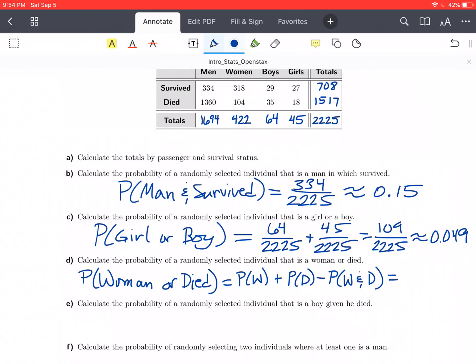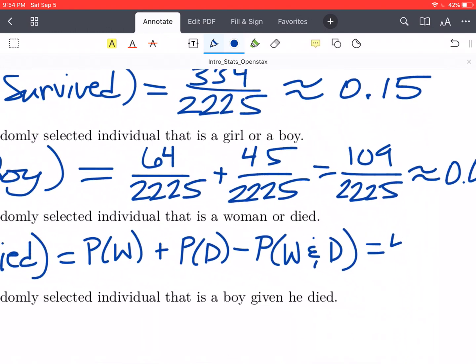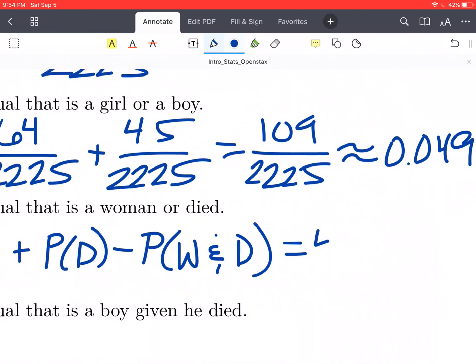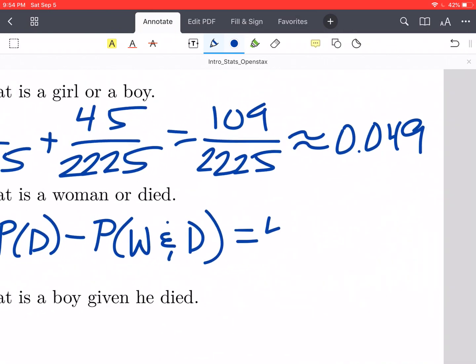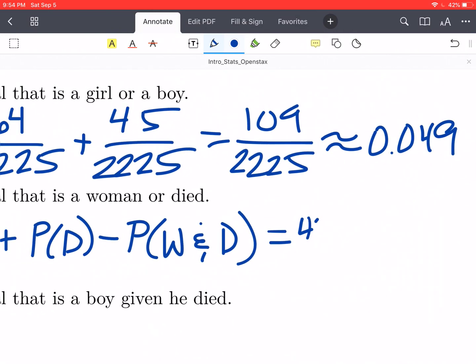So this is going to be, so a woman, there were 422. Let me zoom in on this. So there were 422 women out of the 2,225. The number of people who died was 1,517 out of the 2,225.